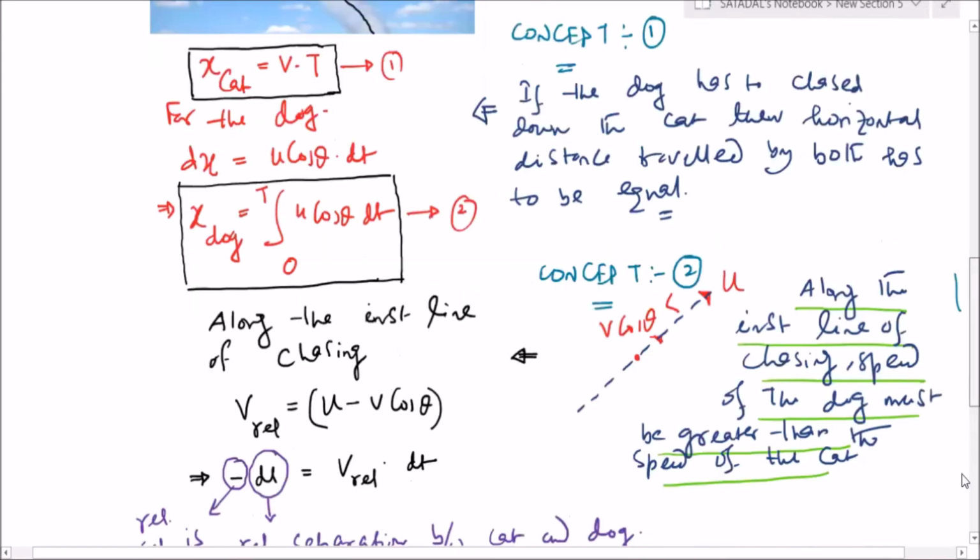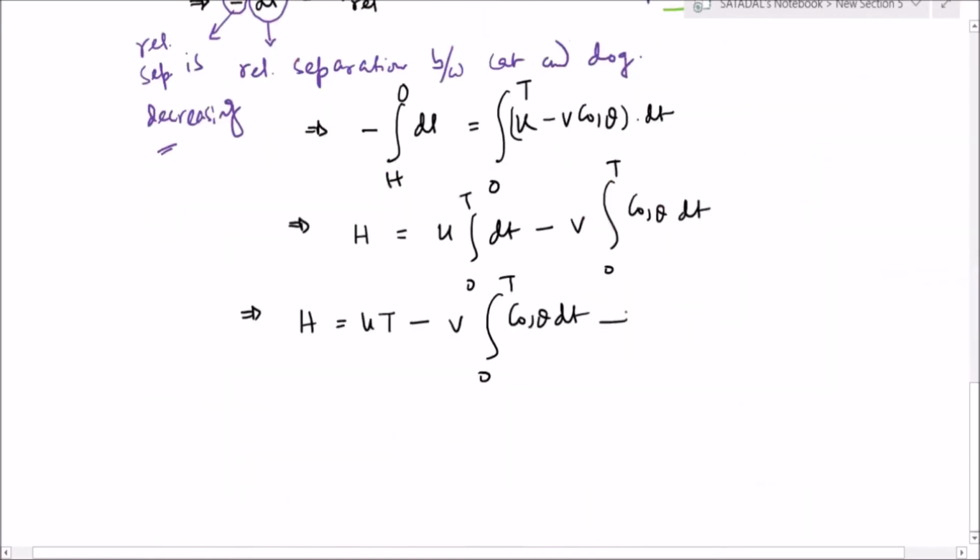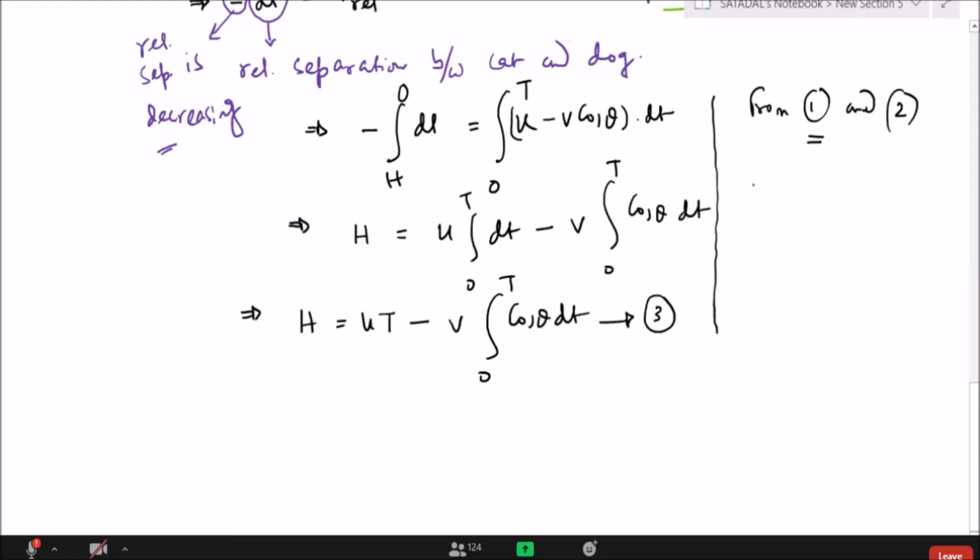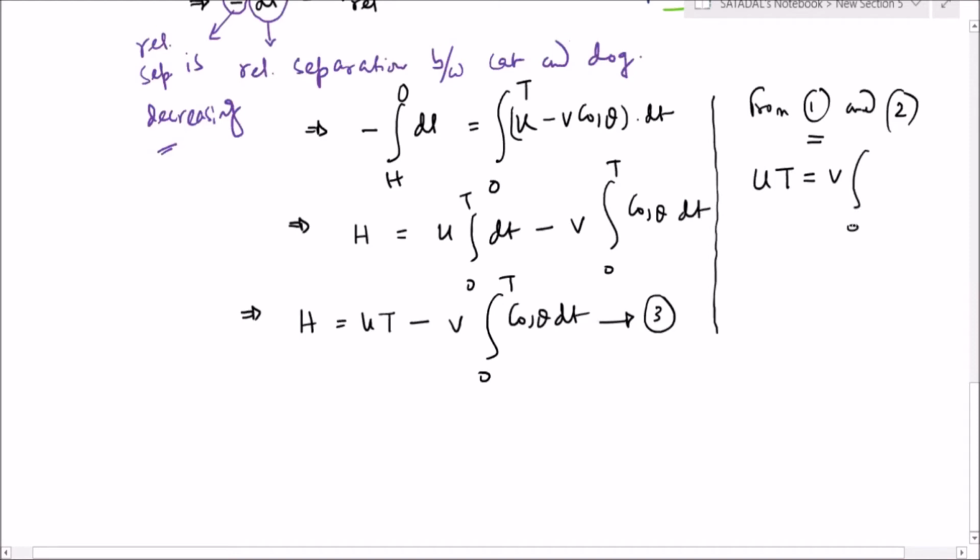So now I will write: this is equation number 3. Here on the side I'm calculating from 1 and 2. From 1 and 2 I can write u into t is equal to v integration 0 to t cos theta dt. That is, integration 0 to t cos theta dt is equal to u into t by v.